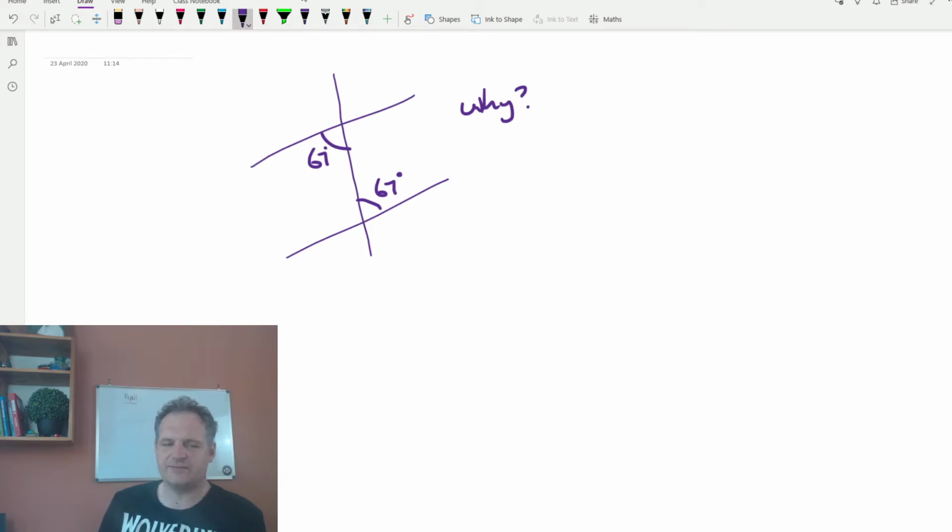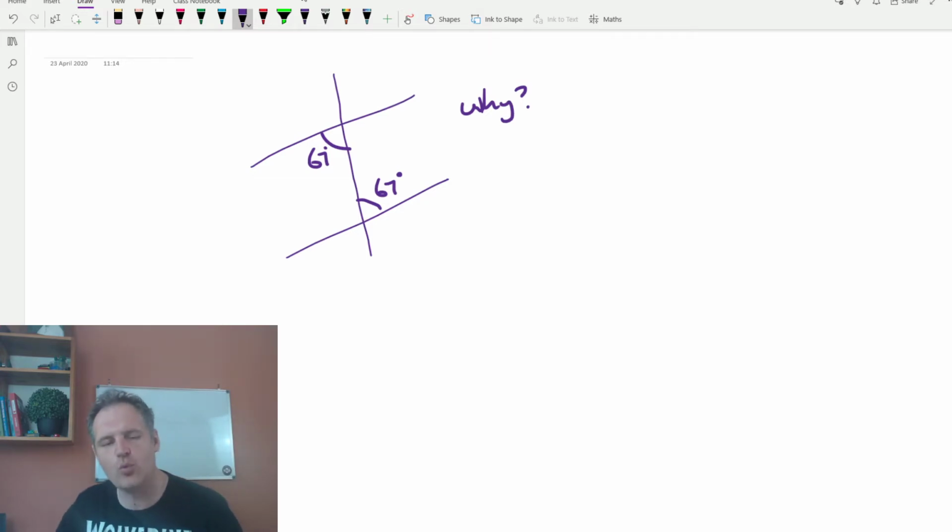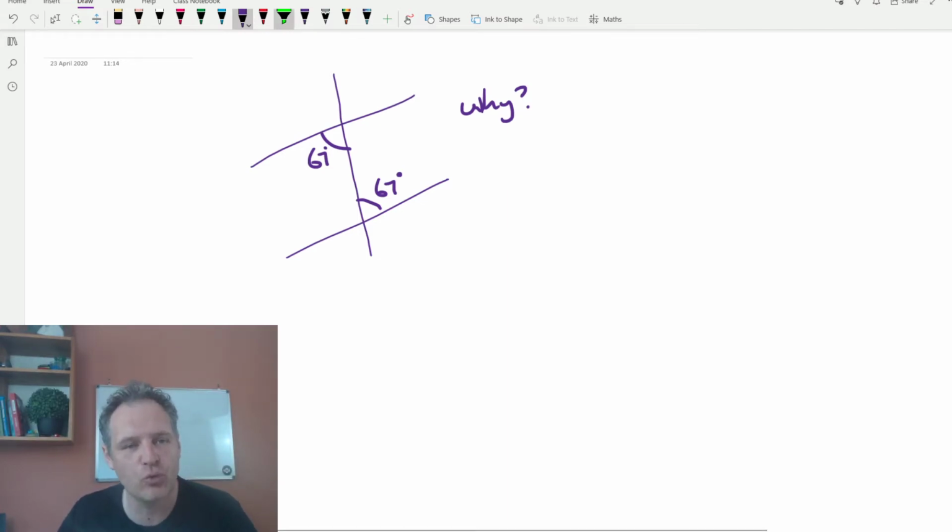Why are they 67? Then we can focus fully on the rules section, because what you're expected to do when you answer this question is do a bullet point and identify. Now, if I do this and this and this, they make a Z angle.